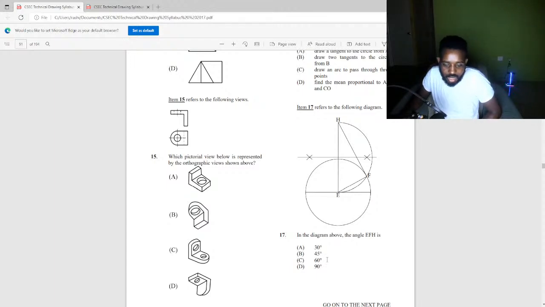Yeah, it is indeed 45. And the reason it's going to be a 45-degree angle is because it's in a semicircle, and one point is at H, one point is at E, and the next one touches a point on the semicircle. So it's 40. What am I talking about? It's 90. Sorry. It's not 45, it's 90.